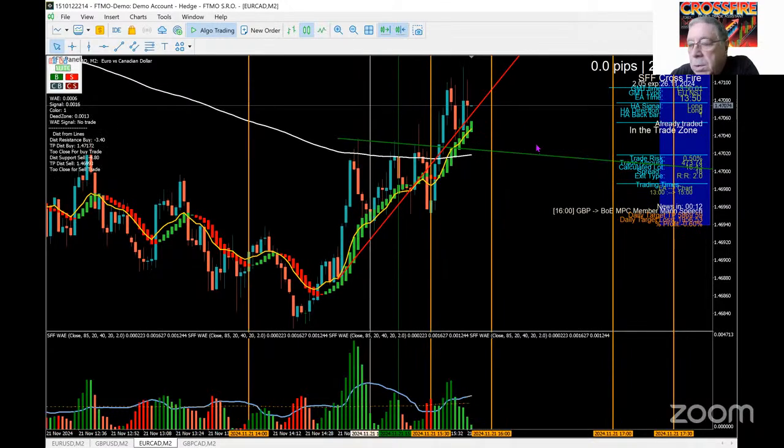Let me just try something here. I put a line where I got in, round about there. So I'm looking at that candle, I'm sort of halfway up that candle, got in round about there, and it took me out.